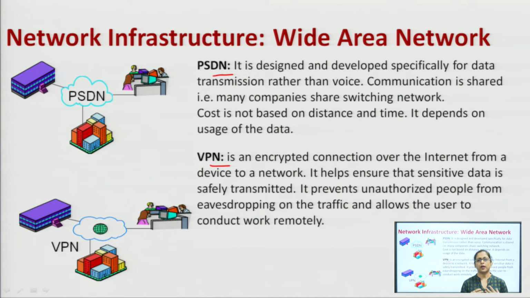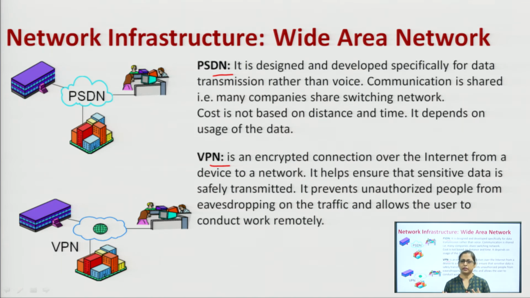So, that means if I am a company and I want to share certain information with my supplier, obviously I would not want that information to go to a competitor or anyone else. In that case I should be using VPN because the data sharing is completely encrypted.